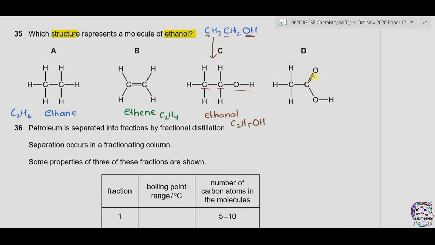In D, we have a C double bond O OH functional group, which represents carboxylic acid. So D is ethanoic acid. So the answer is C, which represents ethanol.